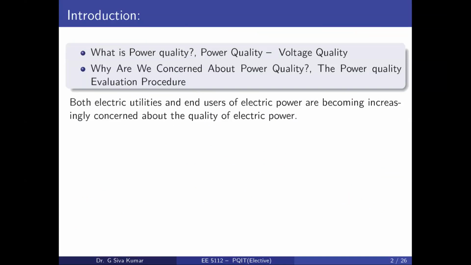Then the distribution transformer is going to change the tap setting, because if you remove all the loads connected to the distribution transformer, in that case the voltage is going to shoot up.